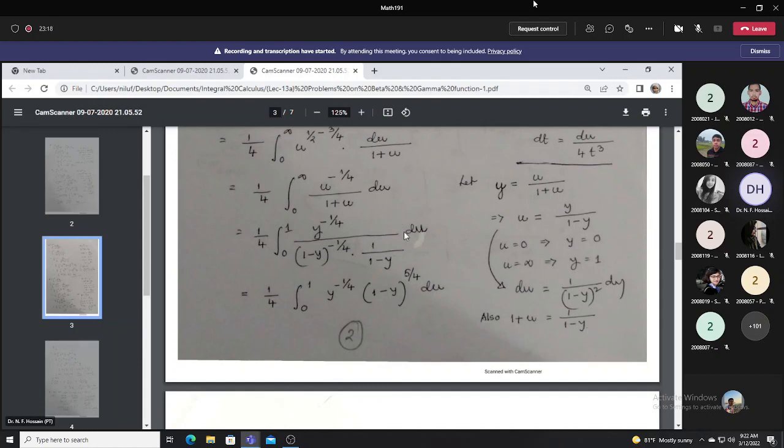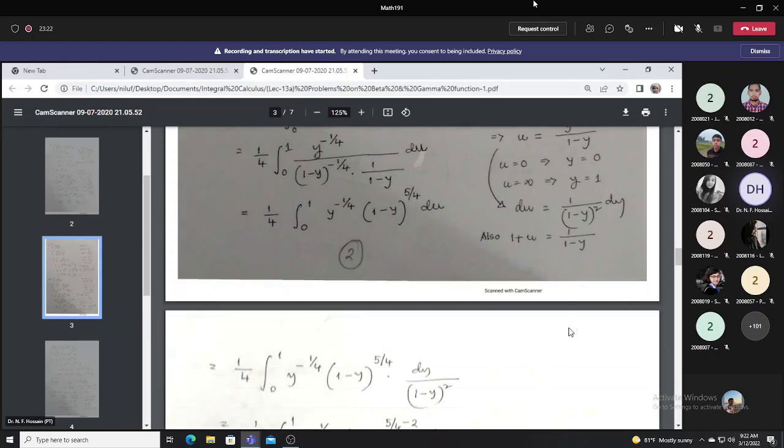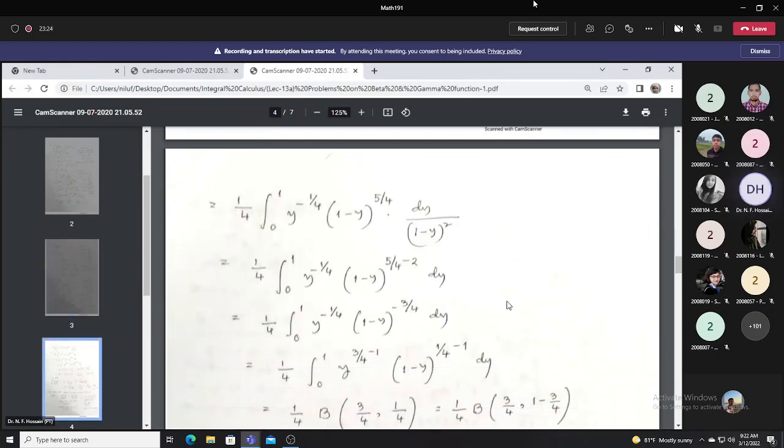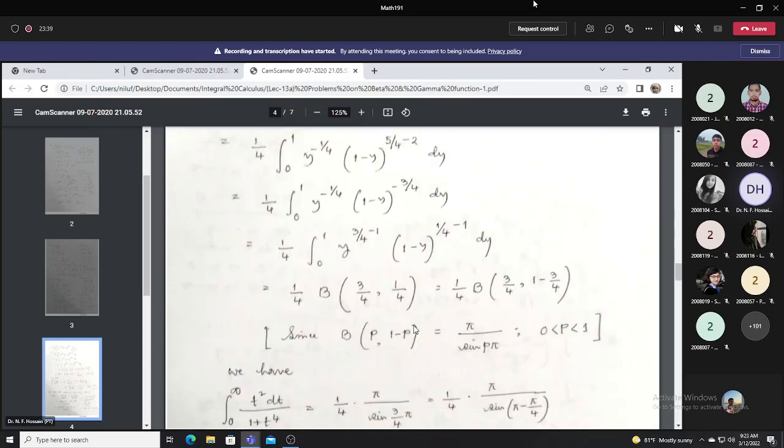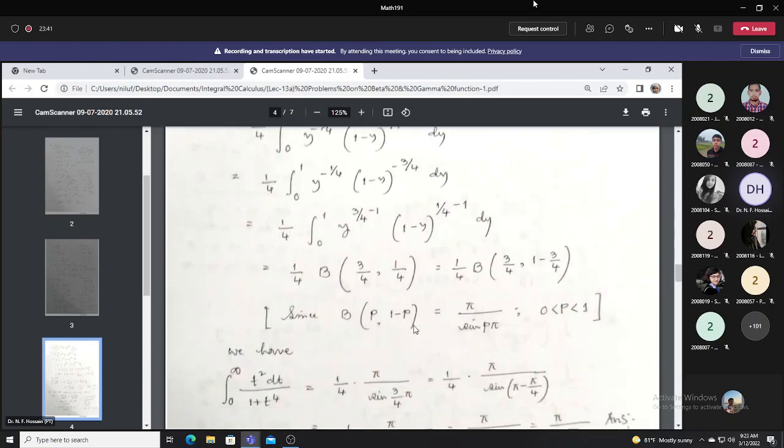The value of du is 1 by 1 minus y whole square. Okay, now you adjust the power of 1 minus y. So it should be 5 by 4 minus 2. And it gives you 5 minus 8 by 4. That means minus 3 by 4. Now adjust the power according to the definition of the beta function.